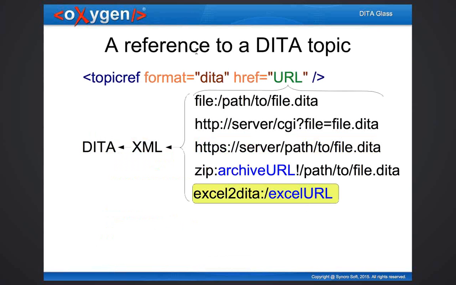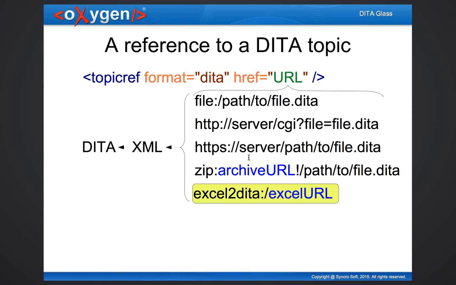Again, if we want to refer to a topic in DITA, we say topicref format equals dita, href equals, and then we have a URL, which may be a local file, which may be an HTTP URL, an HTTP secured URL, which implies encoding and decoding as additional processing. It may be a zip URL, which will look within an archive.